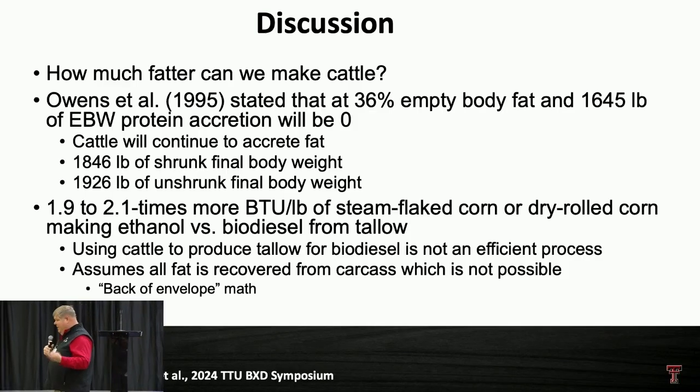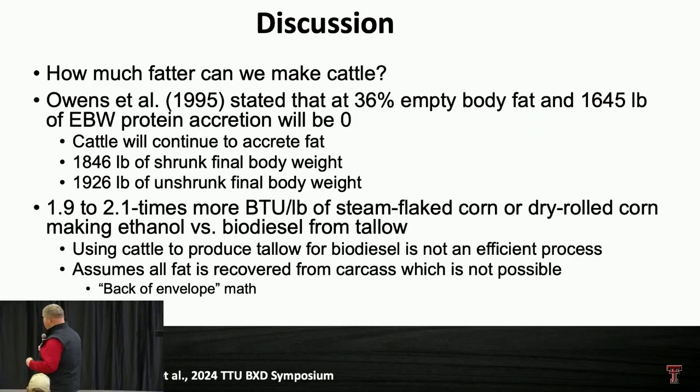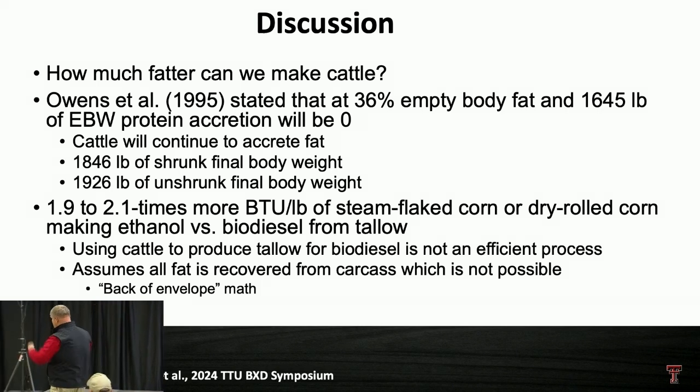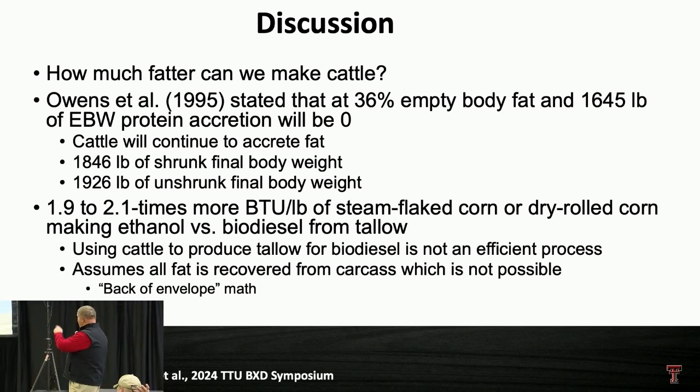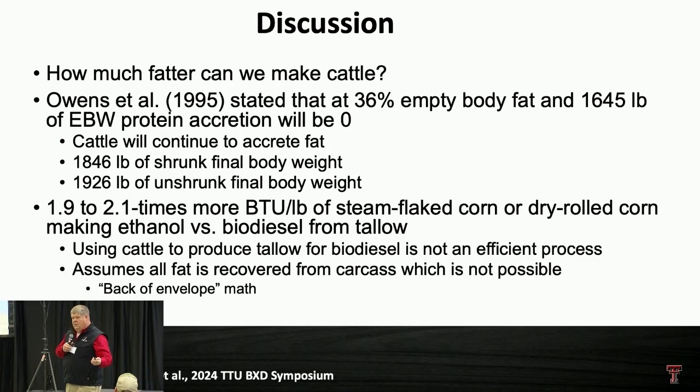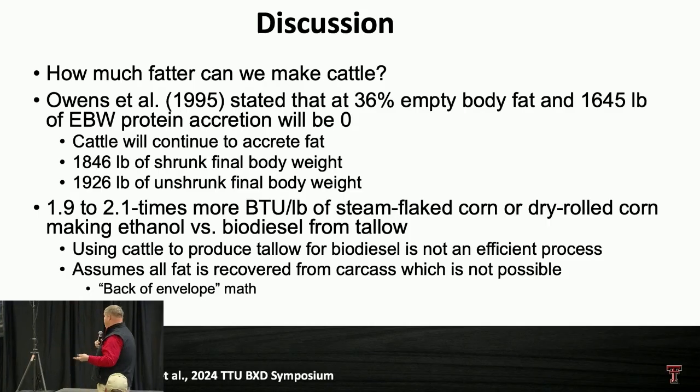But possible. What these data say, and these are based on calculations somewhat old, Owens in 1995 stated that at 36% empty body fat and 1,645 pounds of empty body weight in that study, protein accretion will be at 0. So when we get to that level of body fat, the animal is no longer producing protein. They're only producing fat in that scenario.